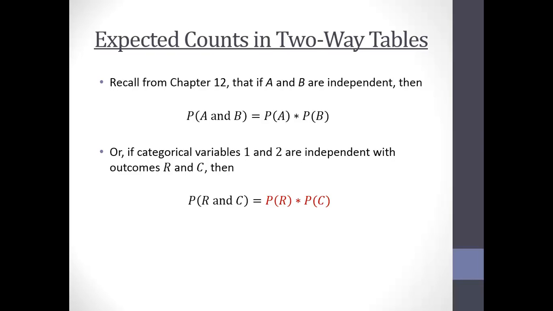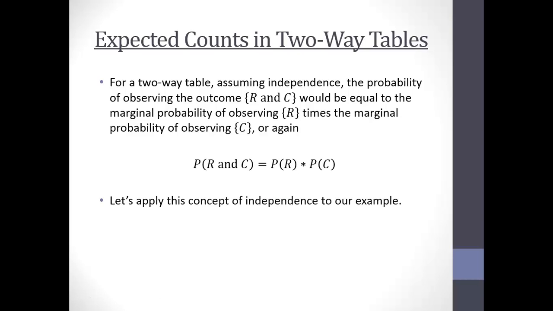We'll think about how this translates into our example here. So it's saying the same thing. For a two-way table, the probability of having an outcome of R and C, so this is a single cell, the probability of falling into a single cell, for example being lower class SES and a former smoker, is simply equal to the marginal probability of observing that first thing times the marginal probability of observing the second thing.